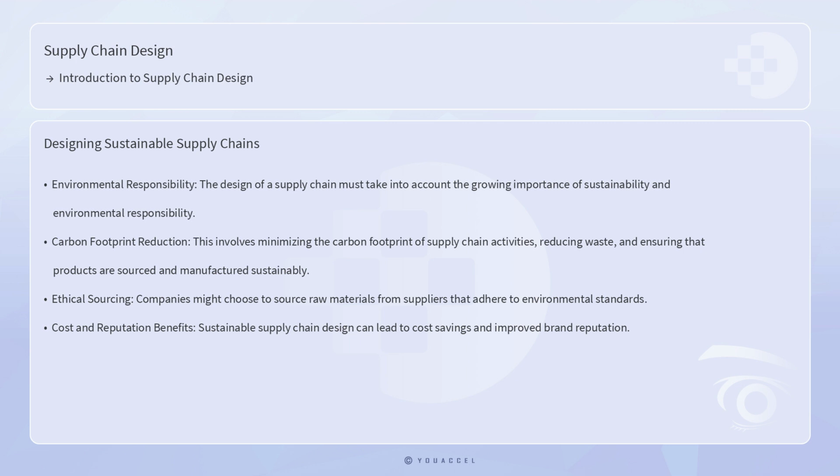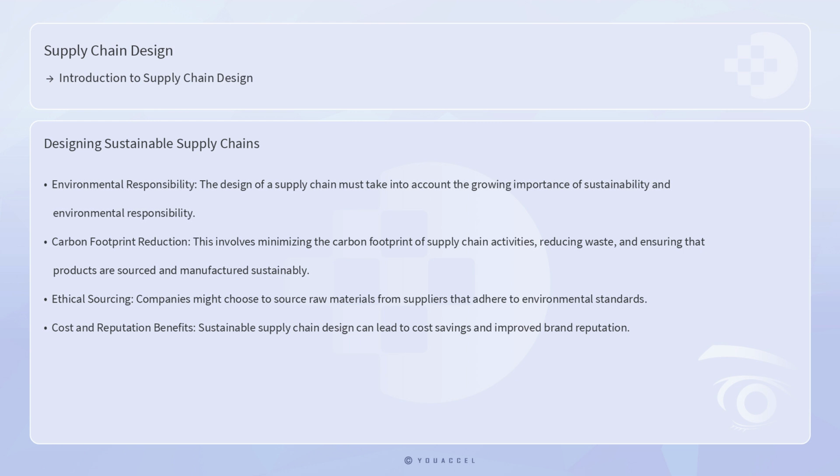The design of a supply chain must also take into account the growing importance of sustainability and environmental responsibility. As consumers and regulators become more concerned about the environmental impact of business operations, companies are increasingly focusing on designing green supply chains. This involves minimizing the carbon footprint of supply chain activities, reducing waste, and ensuring that products are sourced and manufactured sustainably.